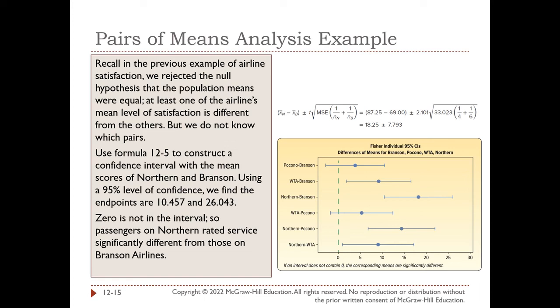Okay, note 0 is not in the interval. And the Northern means, so find Northern. The Pocono treatment mean is different from the Northern mean. There it is. And the WTA treatment mean is different from the Northern mean.